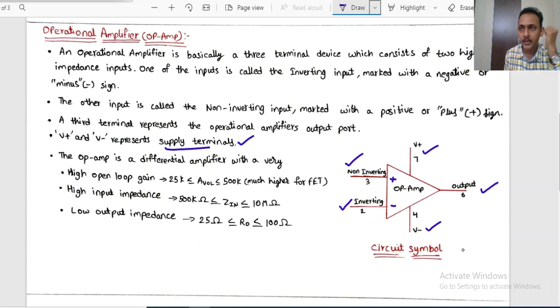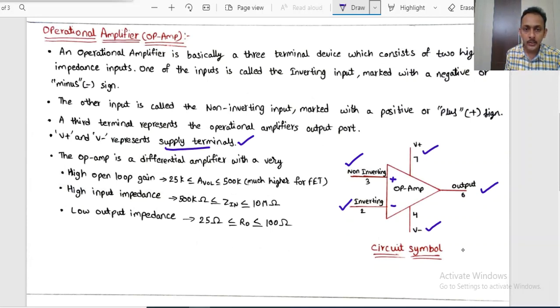Whatever the voltage supply, whether it is plus 15 volts or minus 15 volts or within the range of 0 to 15 volts, will be given across the fourth pin and seventh pin, and whatever the output is available will be taken across the sixth pin.